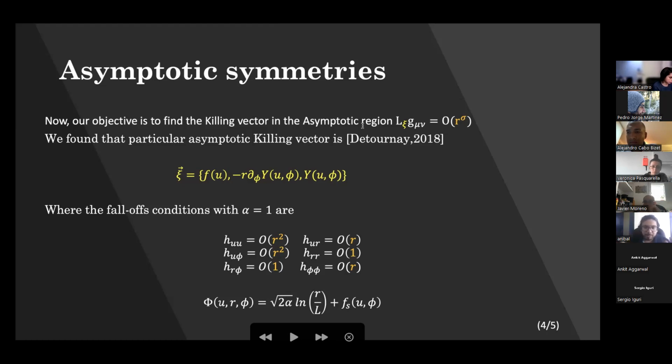This way we can compare with the Tornay paper and see if we are on the right track. This particular asymptotic Killing vector is actually the same as the one Tornay found. So if we choose to write the falloff, we expect to find a conserved charge that is finite and well defined. Next.